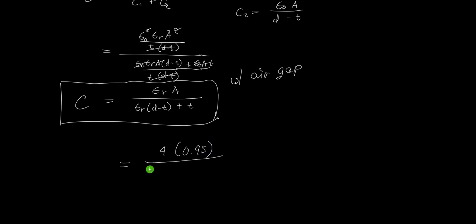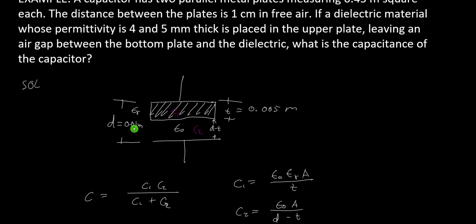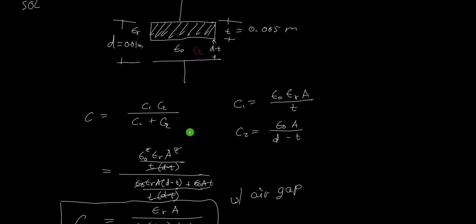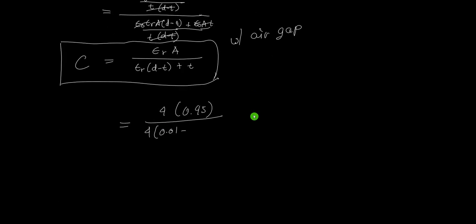All over epsilon R again, so that's 4. Our D is 0.01 meter. 0.01 minus our T, which is 0.005. Then plus T again, 0.005.